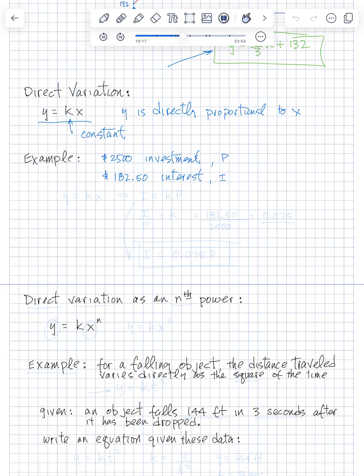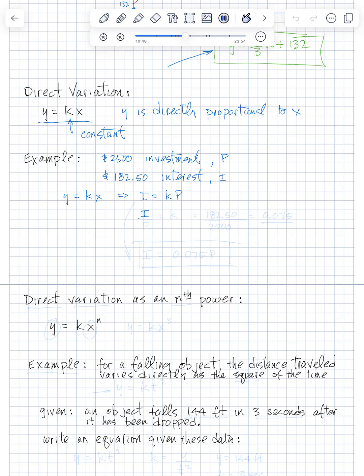Well, it comes after the model y equals kx, but in this case, our y is going to be the interest, and the x is going to be the principal. So we're going to rewrite this as I equals kp. Now we want to solve for k, because we have p and we have I. So solving this for k, we divide both sides by p.